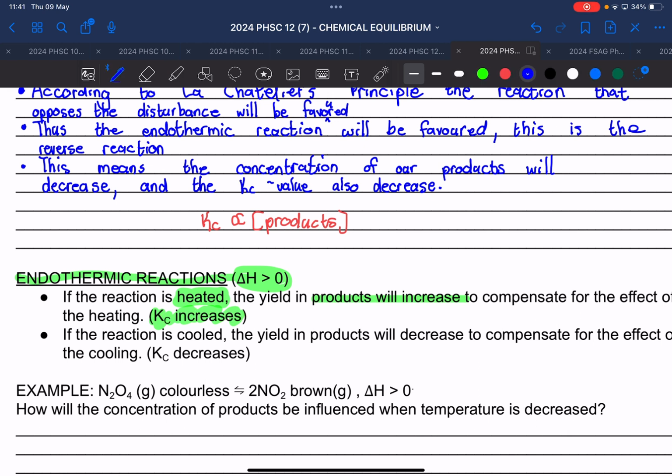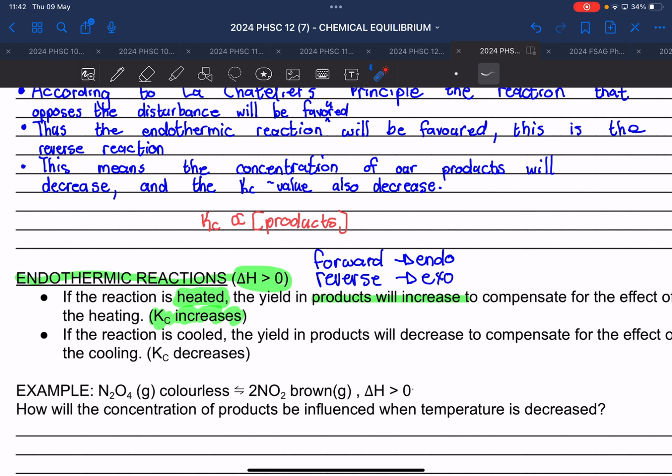So we have an endothermic reaction, which means our forward reaction is endo, and the reverse reaction is exo. If the reaction is heated, we add energy. We add heat. The system, according to Le Chatelier's principle, will want to remove heat, right?